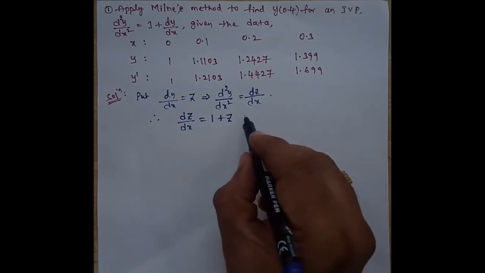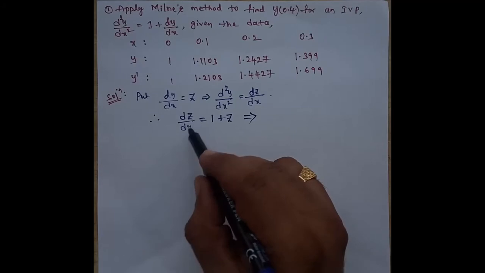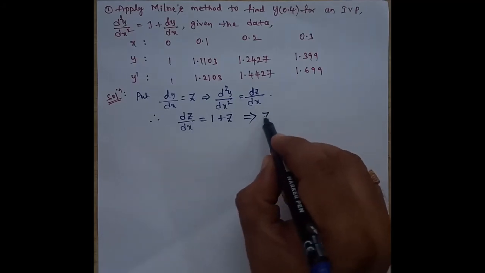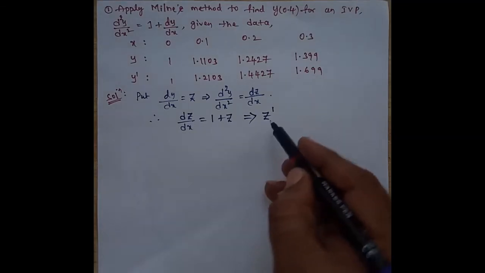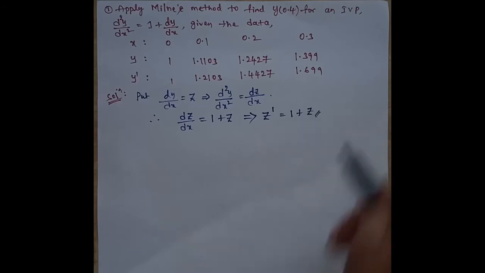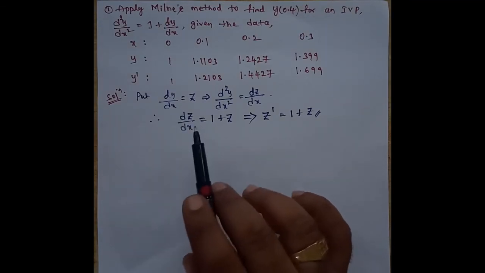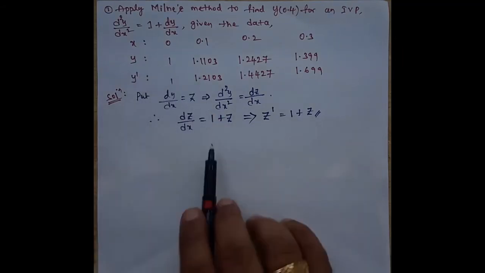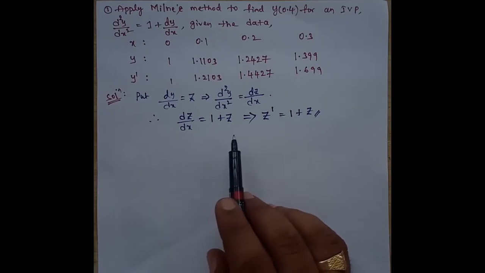Now you can rewrite this: dz/dx can be written as z dash, so z dash equals 1 plus z. This is the first step in solving a second order ordinary differential equation numerically, whether it may be Milne's method or Runge-Kutta method. This step was common.